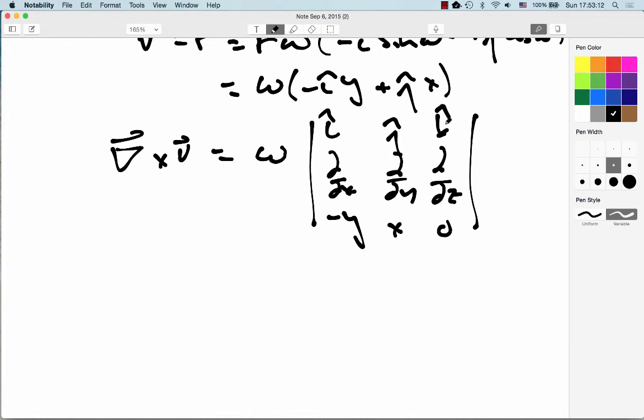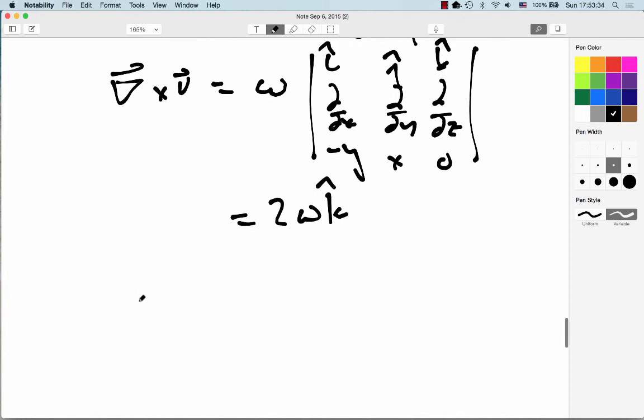For k, partial x of x is 1. And partial y of negative y is negative 1, but we're going backwards, so we subtract. So 1 minus a minus 1 is indeed 2. And so we get 2 omega k hat.